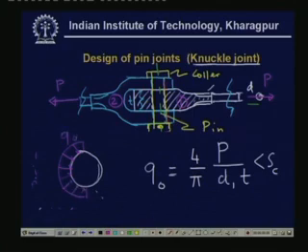In that case, if you do the same analysis, q naught times the total area, which is d1 times t, is equal to P. Therefore q naught will be equal to P divided by d1 t.